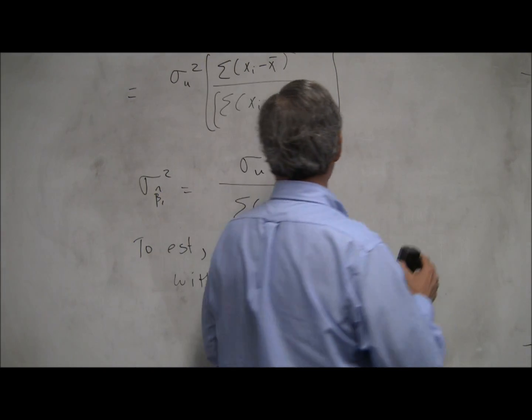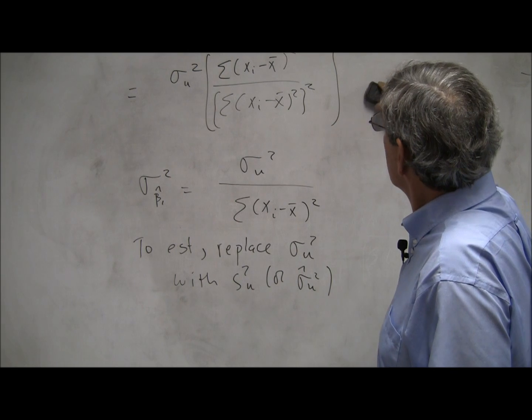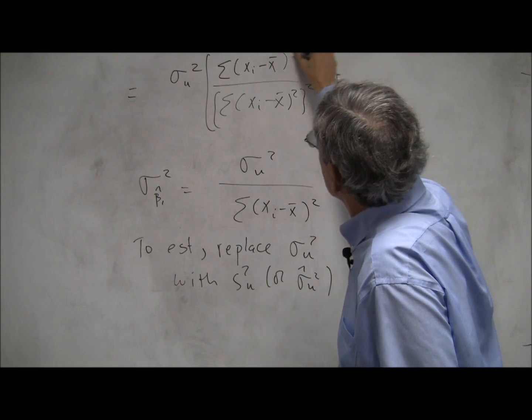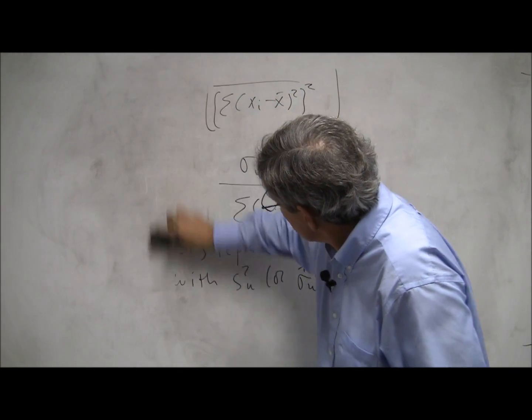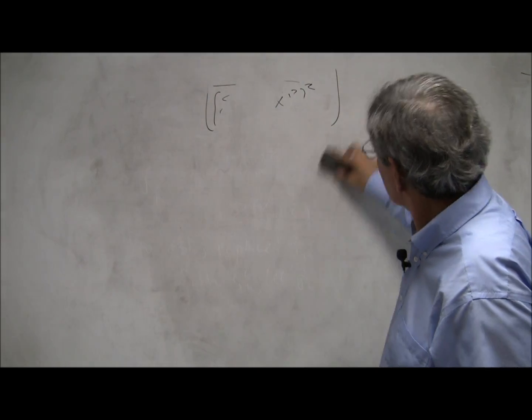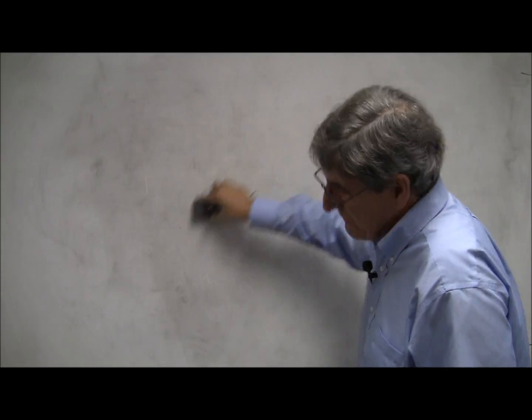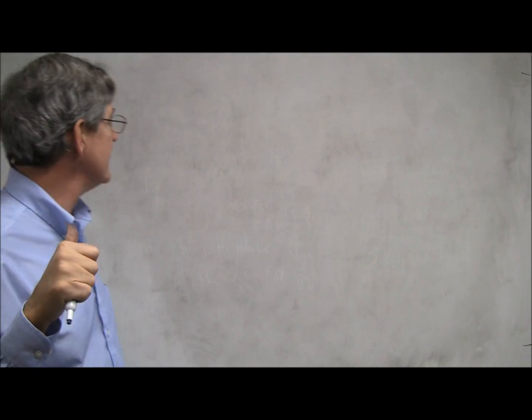And that works only when the errors are homoscedastic. It's really simple to work with that formula. Unfortunately, as I've been saying, in economics it's rare that you have homoscedasticity.